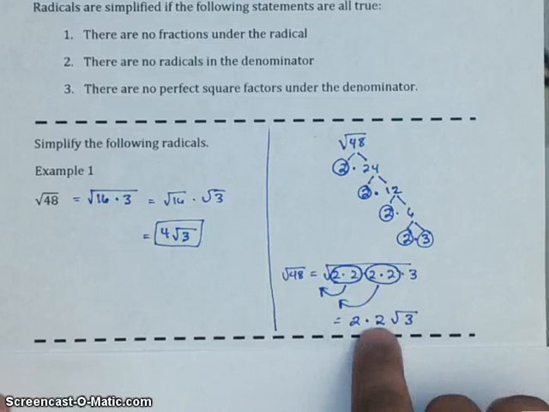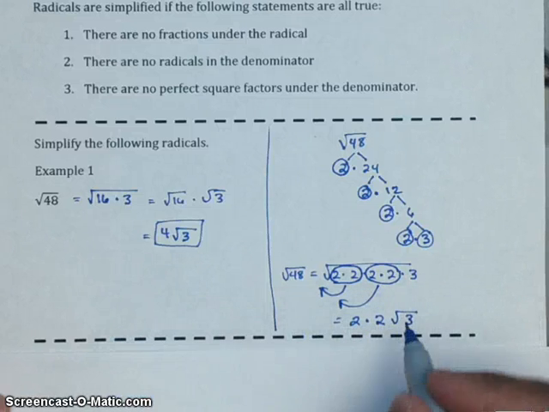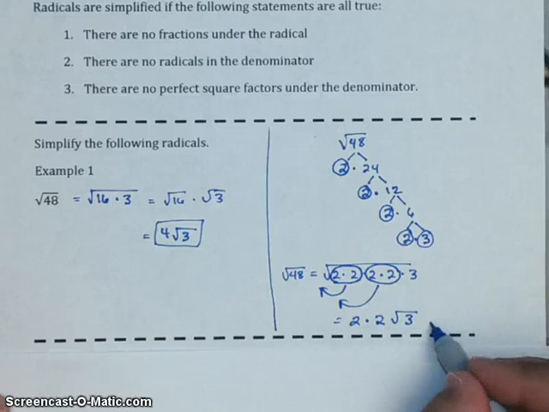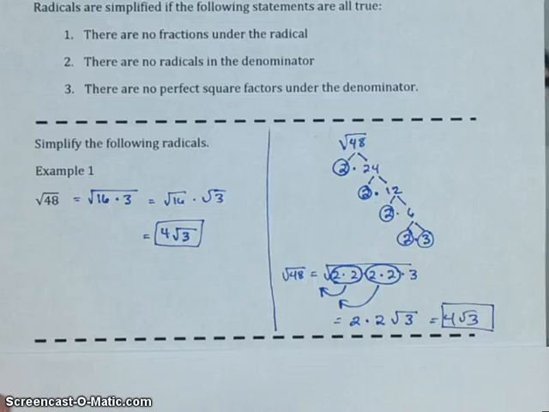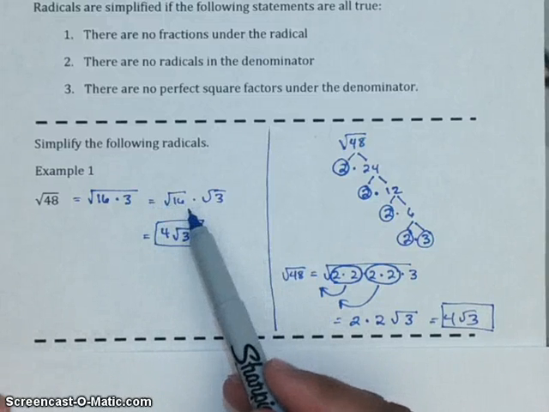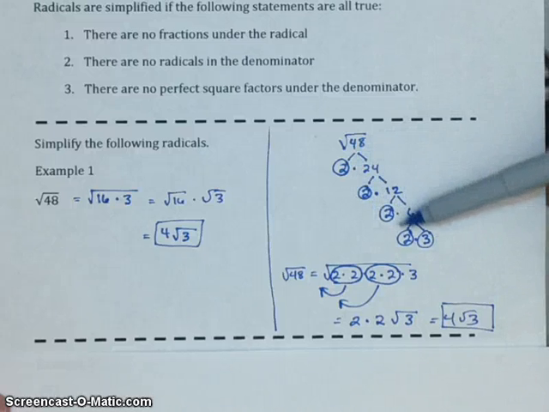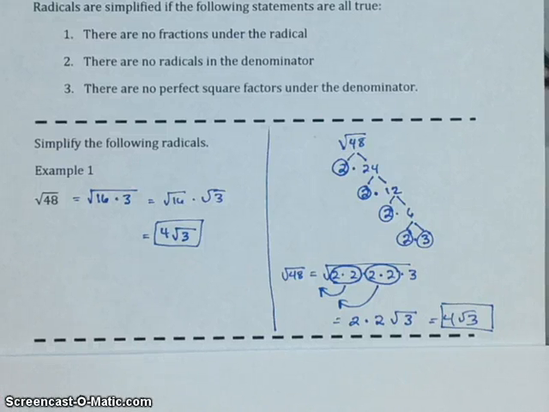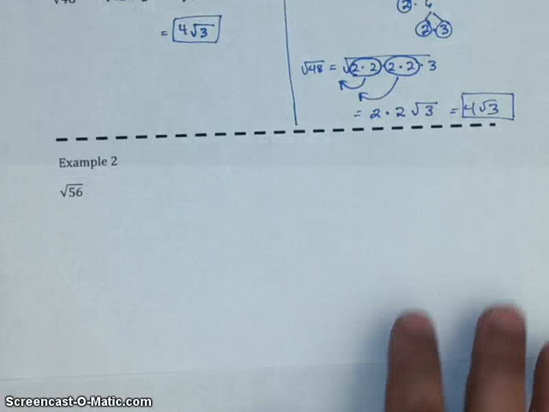Then you multiply whatever comes out together, so that would be 4 square roots of 3, which is what we got here. Again, this to me is quicker if you can figure out the perfect squares. If you want to do prime factorization, that will also work. You just might have to do a little more factoring.